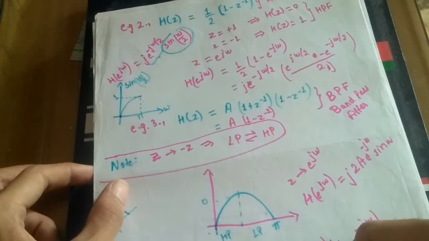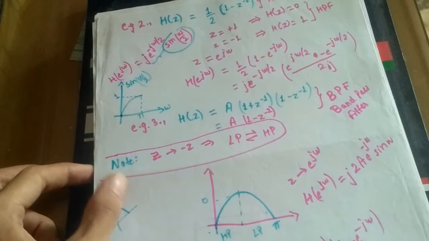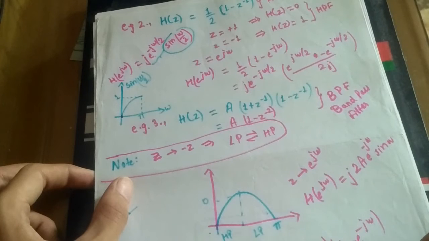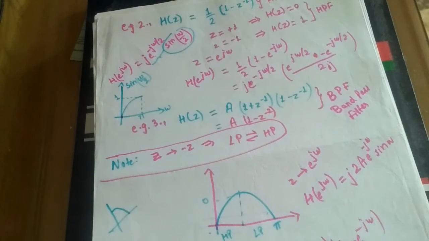From both of them, they will be added, so omega by 2 plus omega by 2 will give e power j omega, right? And inside this will make cosine of omega by 2, and this will make sine of omega by 2. And obviously, if we are having sine, then we have to put one j over here, right?